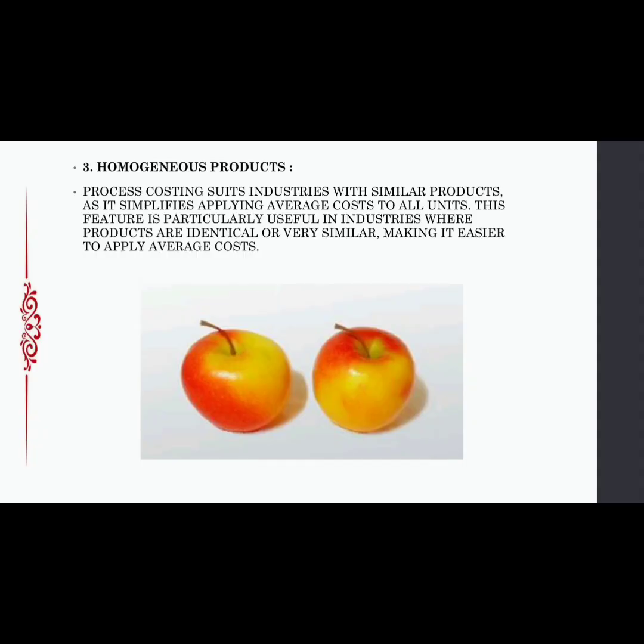Here, manufacturing activity will be carried out continuously by one or more processes run sequentially, and the output of one process becomes the input of another process. And the very important point is that the end product will not be distinguishable from another and it will not be possible to trace or identify a particular lot of output with a particular lot of input.